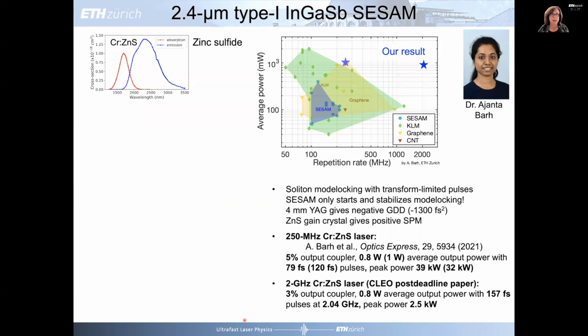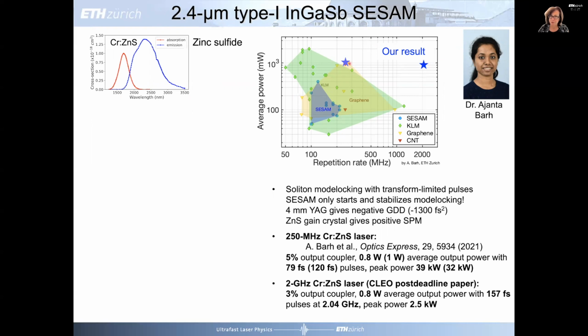So, for example, when you look at the dye-pumped solid-state lasers that have been mode locked with SESAMs, then chromium zinc sulfide is basically the Ti-sapphire laser for the long wavelengths, with very broad gain bandwidth, and there has been a lot of passive mode locking of this laser material, mostly with Kerr lens mode locking, graphene, and also with SESAMs, okay, with average power and repetition rate.